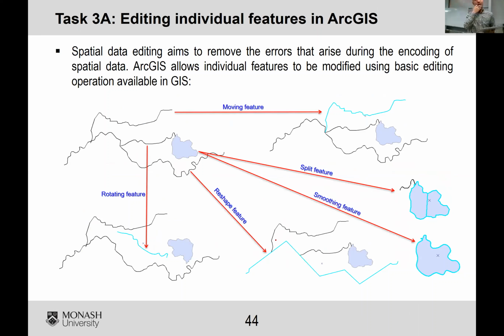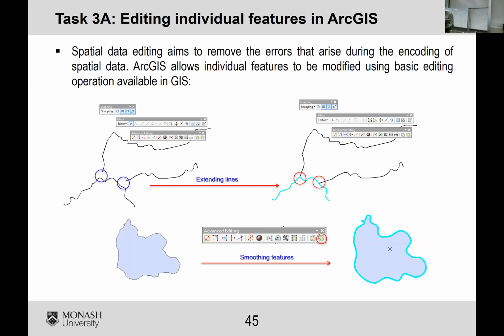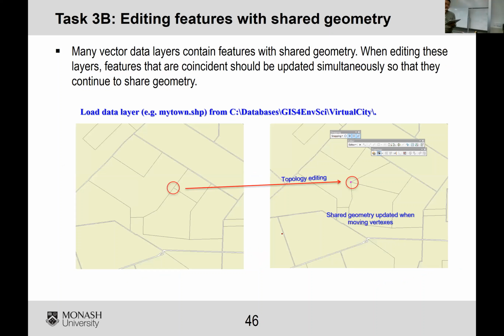So now the first exercise in this section is to try different editing tools in ArcGIS. It will allow you to move, split, smooth, reshape, or rotate the geometric features. Or you can extend and smooth the feature. And the second task is about the topology.